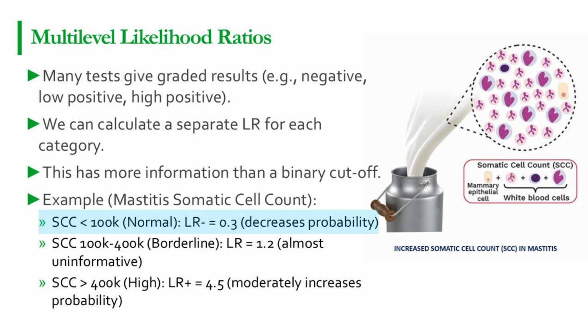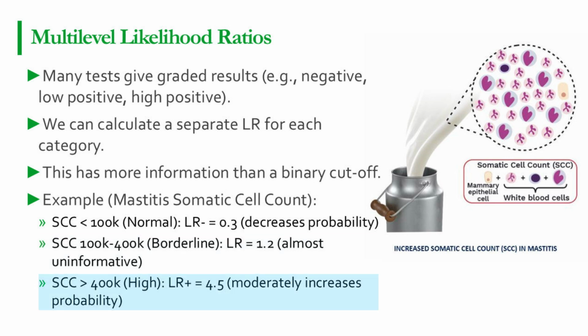A very low cell count gives us a negative likelihood ratio of 0.3, which moderately decreases our suspicion of mastitis. A borderline result gives a likelihood ratio of 1.2, which tells us that this test result is almost useless and doesn't change our odds much at all.